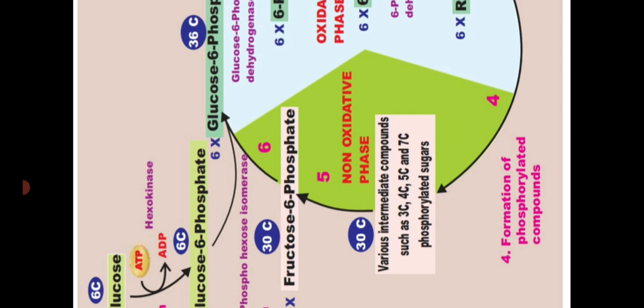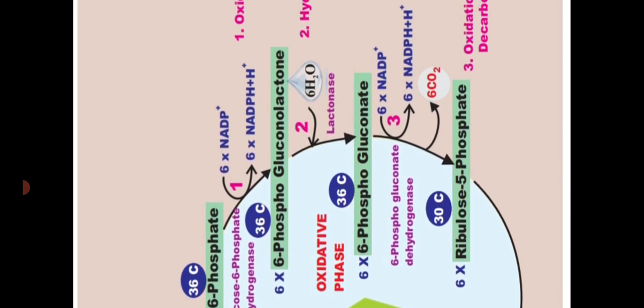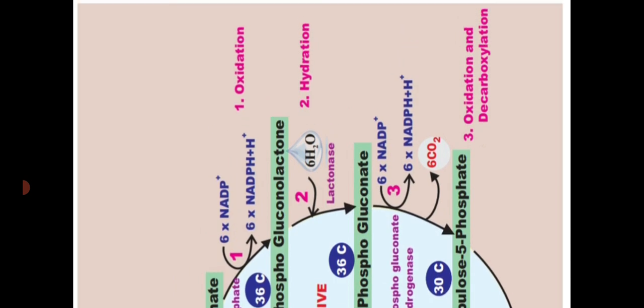Then fructose 6-phosphate is again converted into glucose 6-phosphate. So this is the flow chart of the pentose phosphate pathway or HMP shunt. It is an important 5-mark question. How they will ask the question: draw a flow chart of the HMP shunt or pentose phosphate pathway.